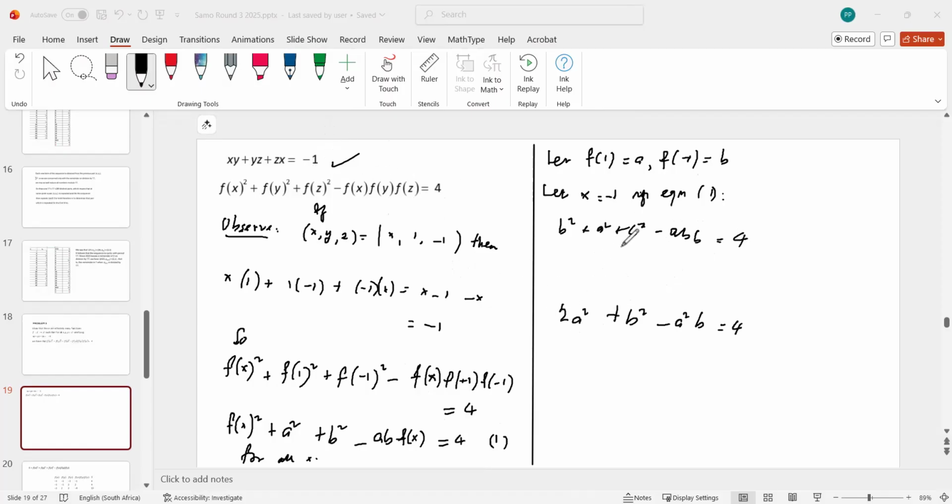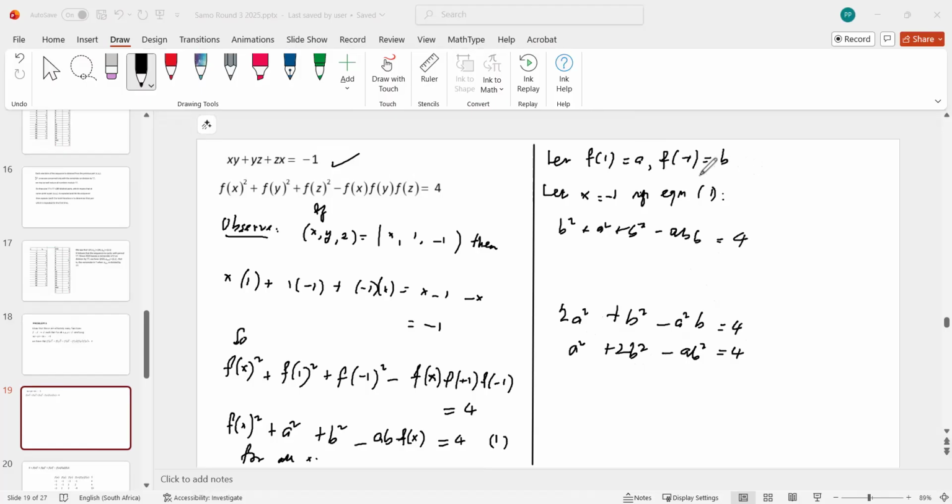Okay, so this time you have this equation, a squared, that I'm going to write down at the bottom. You got 2b squared, and then this is minus ab squared is equal to 4. Now, we don't know what f of 1 is, f of b is.